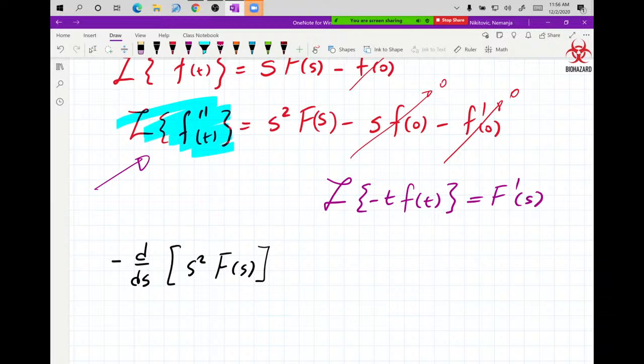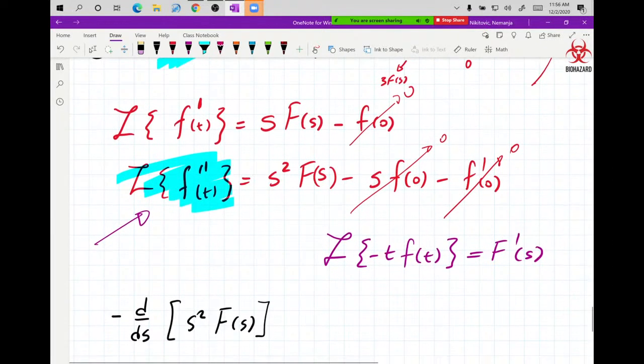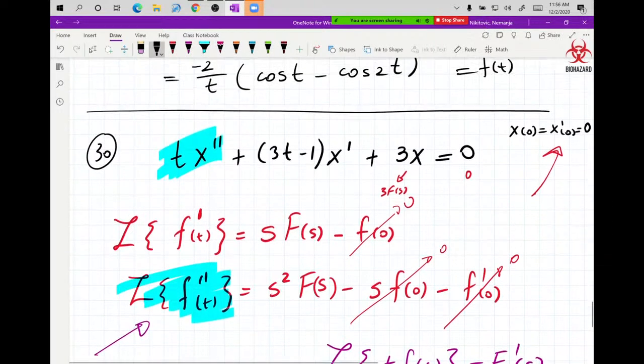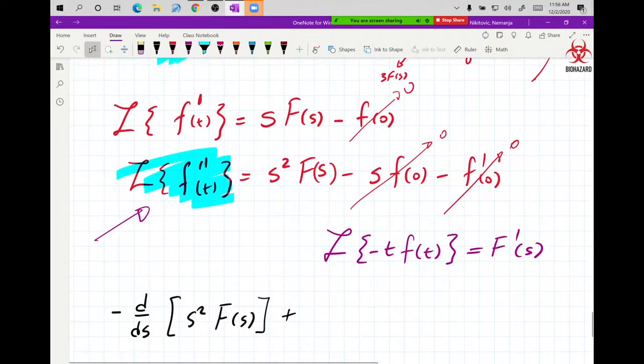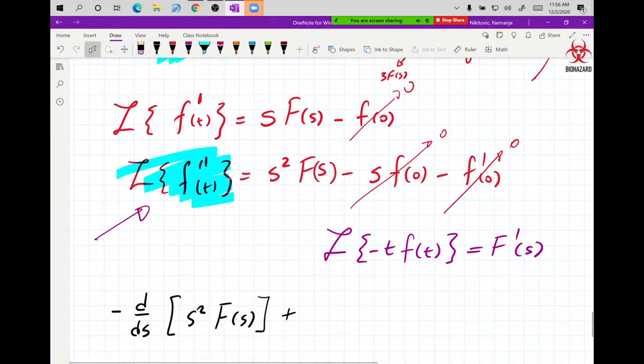Good. Then I have plus, oh, I didn't separate this so you guys can see. This guy is 3tx prime minus x prime, right? So this first part will have the derivative and the second one will not. So we have this as plus 3, and then t is there.